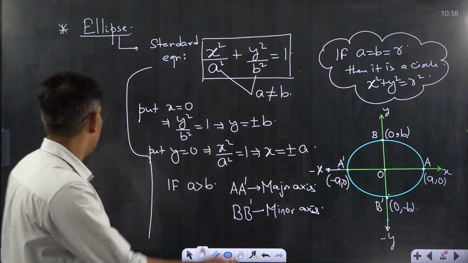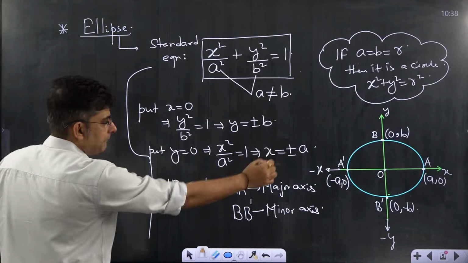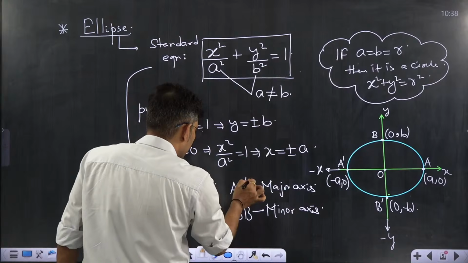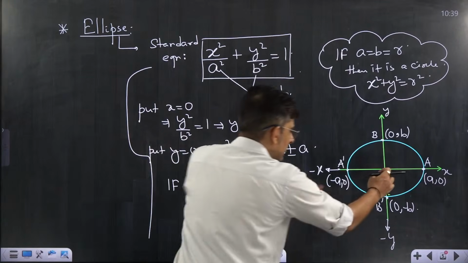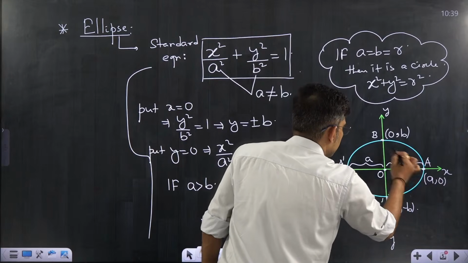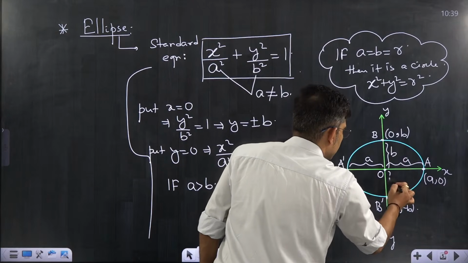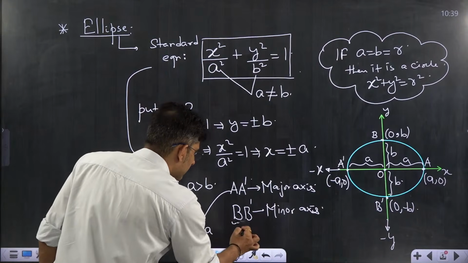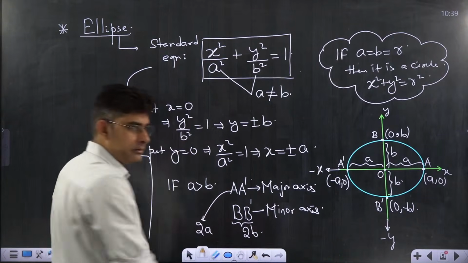Understood? Focus now. If you see the total length of AA dash, this much length is A, this much length is A, this much length is B, this much length is B. So AA dash will be of length 2A and BB dash will be of length 2B.